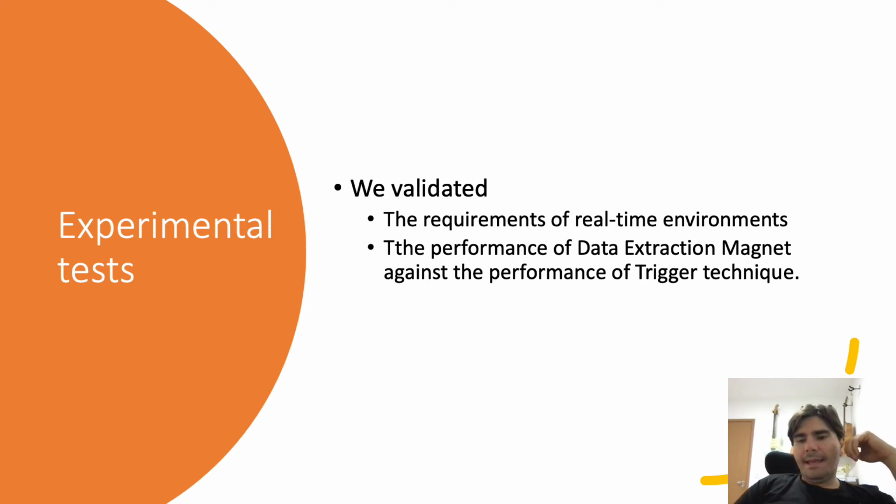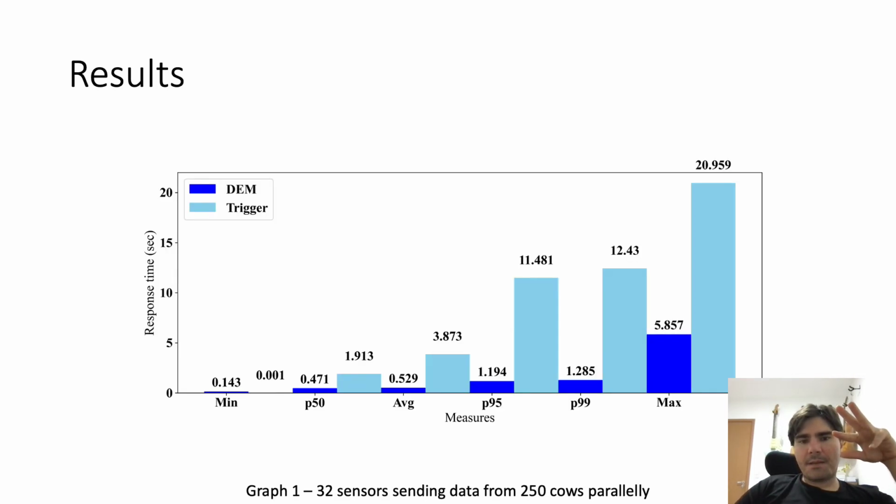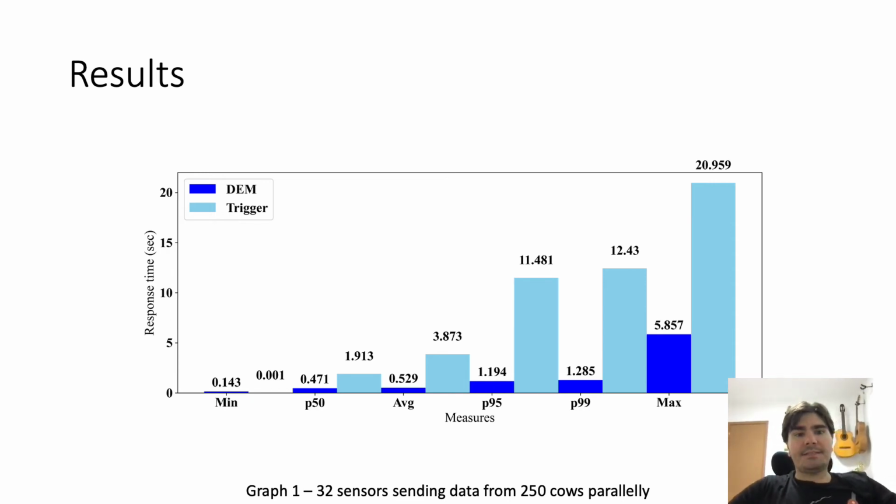Okay, and in the next three graphs, we can see the results of the experimental test. Firstly, we have here some measurements that we used to measure the data extraction magnet and trigger technique.